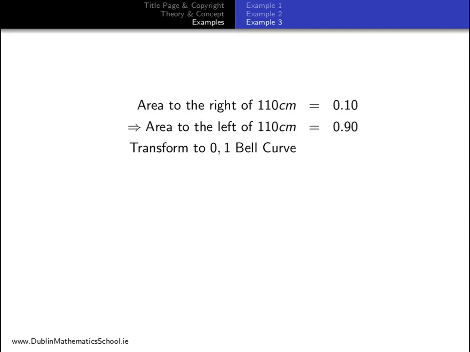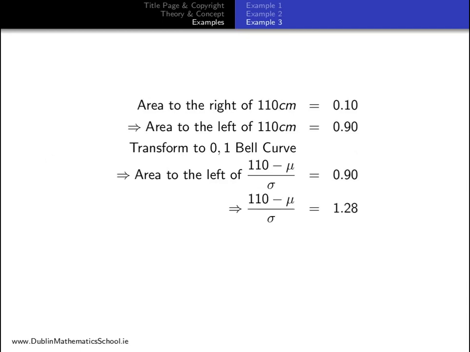Now we transform this in the same manner to the 0,1 bell curve. Area to the left of 110 minus mu over sigma is 0.90. That means 110 minus mu over sigma equals 1.28, and this value was got from our table book. A little bit of algebra gives us 1.28 sigma plus mu is equal to 110.